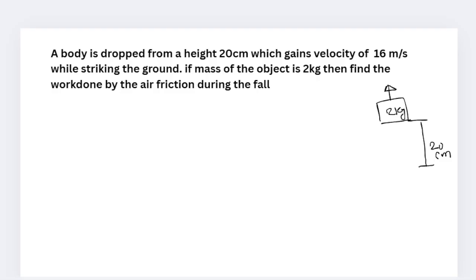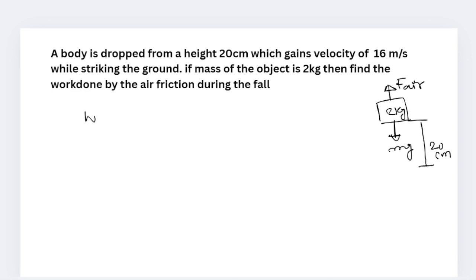The air friction acts opposite to the fall, so the air friction force acts upward, and the gravitational force acts downward. Is there any certain formula for the work done by air friction? No. So to get the answer we have to apply the work energy theorem.